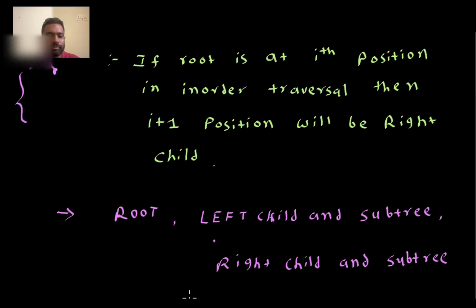So we could recursively form an entire tree, because we could identify Inorder traversal of a left subtree and right subtree from an Inorder traversal of an entire tree, and we could also identify preorder traversal of a left subtree and right subtree from a preorder traversal of an entire tree.